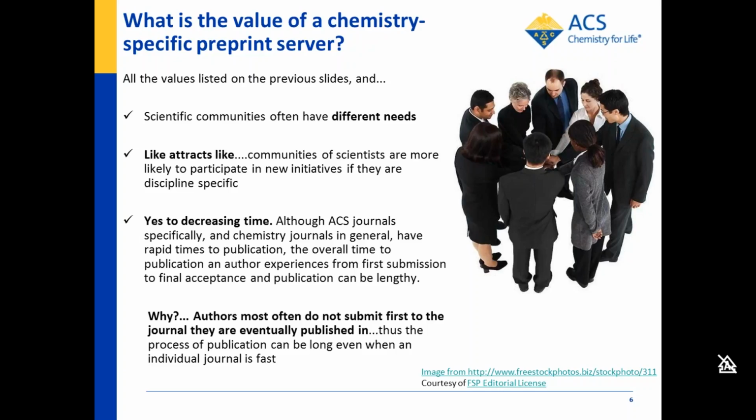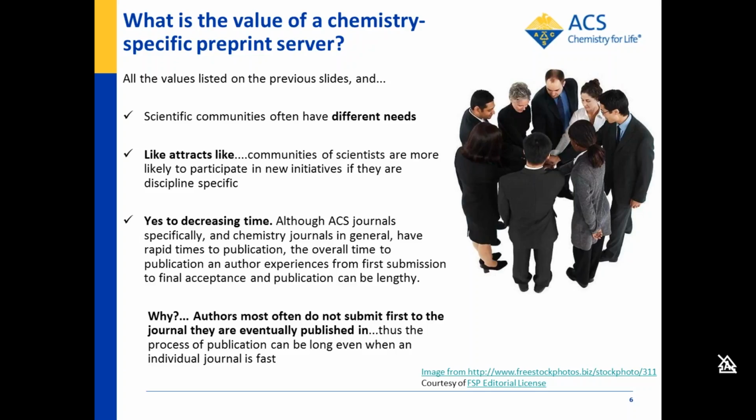With the time to publication or posting, ACS journals specifically, and chemistry journals in general, have really fast times to publication when you look at an individual journal. So many ACS journals have first submission to publication times of 1 to 2 months, so 4 to 8 weeks.